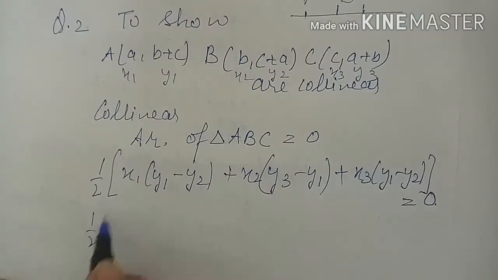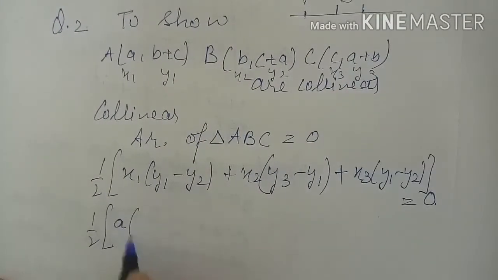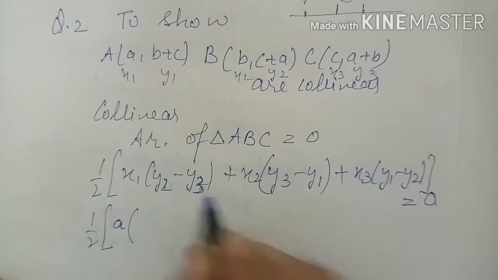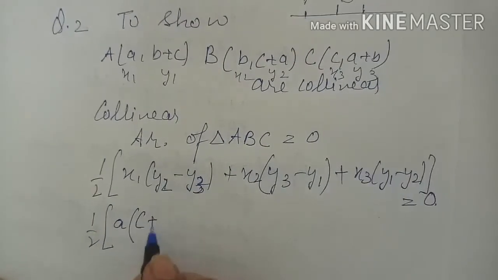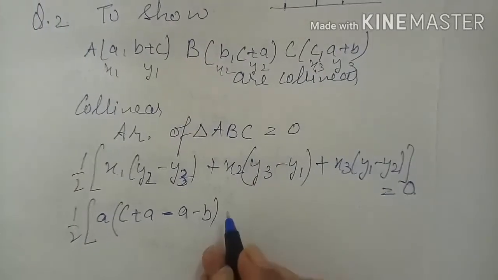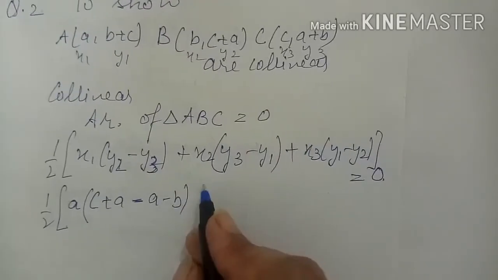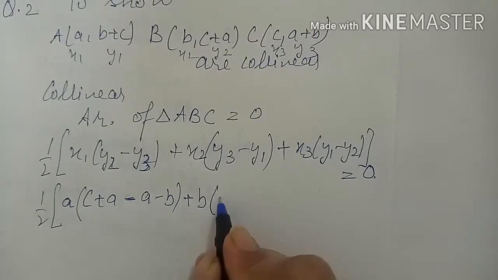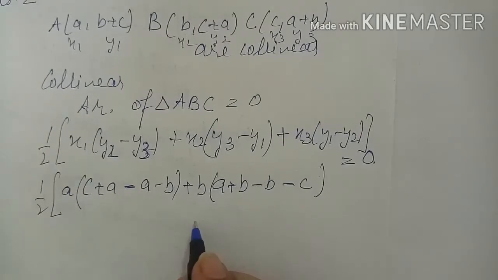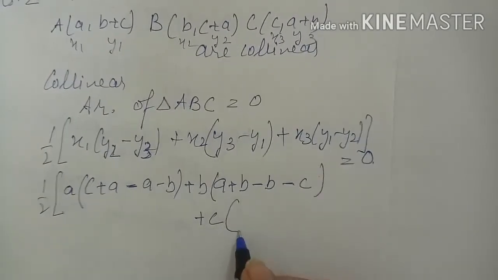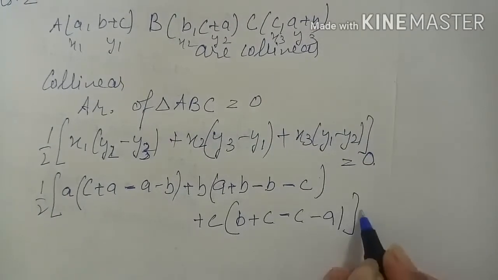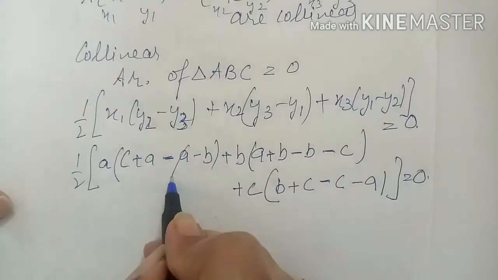Now using the formula here, x1 it will be a, then y2 minus y3, it will be c plus a, and then y3 minus a and minus b, and then now next is x2, and x2 is b, then y3 minus y1, it will be a plus b minus b and minus c, and then plus x3 it will be c, then y1 minus y2, b plus c minus c minus a, and equals to 0. Then cancel out the terms.